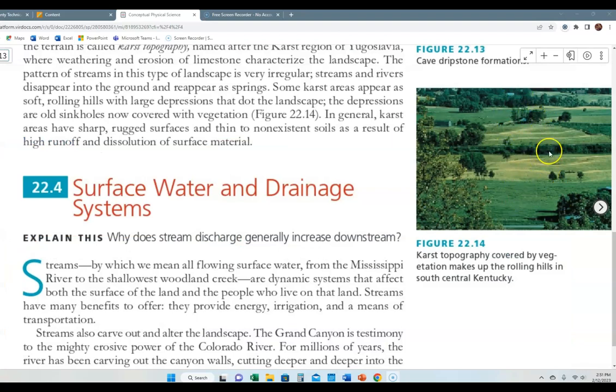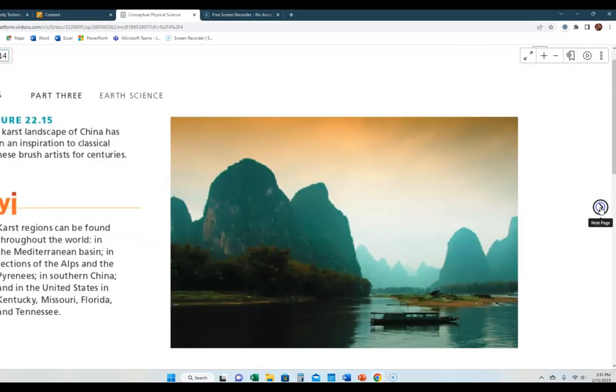This is characterized by some rolling hills, but you can see that even as time has gone on, the vegetation has grown in this area. And of course, this is another one, the way these karst regions look.